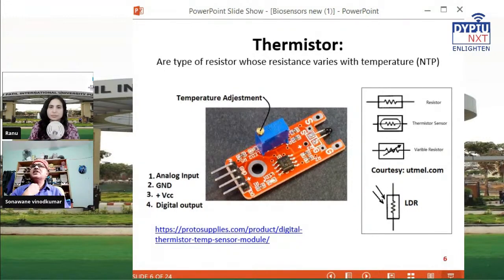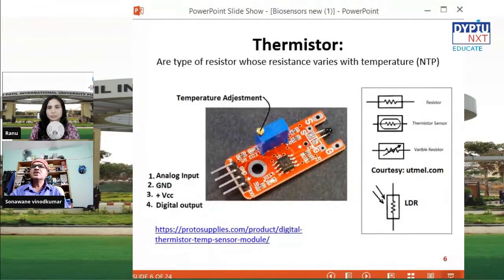Normally what we see are positive temperature coefficient devices all around us, whose resistance changes with the temperature, but here the resistance decreases with the increase in the temperature.